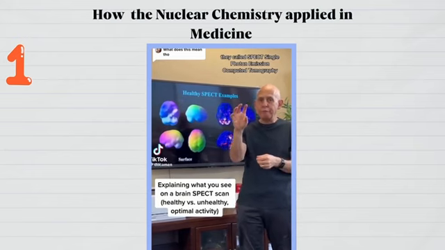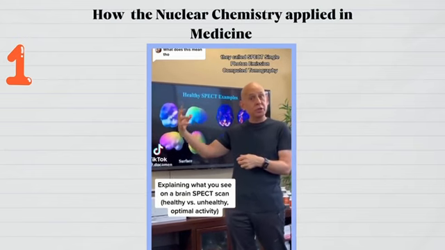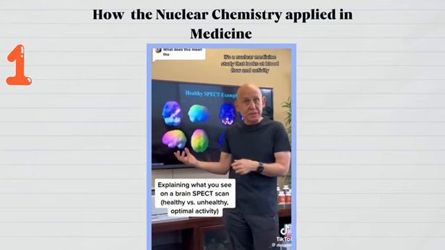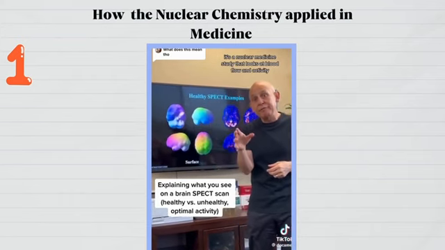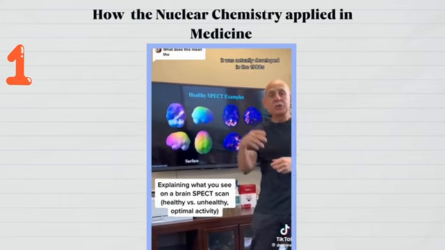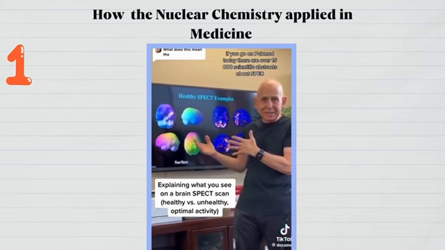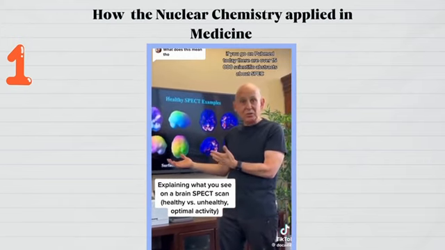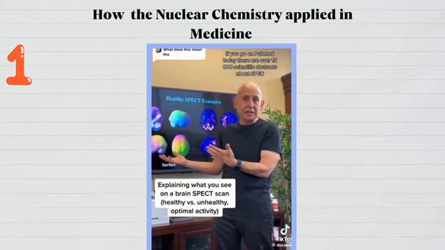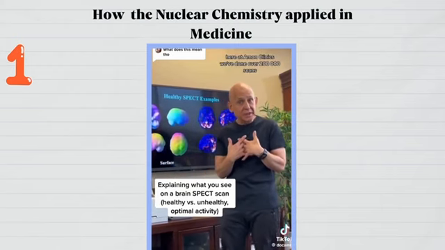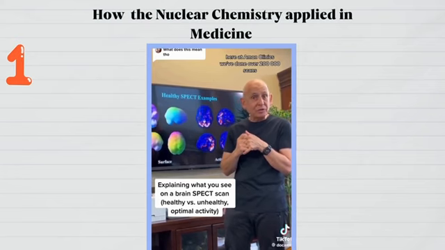SPECT, single photon emission computed tomography. It's a nuclear medicine study that looks at blood flow and activity. It was actually developed in the 1980s. If you go on PubMed today, there are over 15,000 scientific abstracts about SPECT. Here at Amen Clinics, we've done over 200,000 scans.